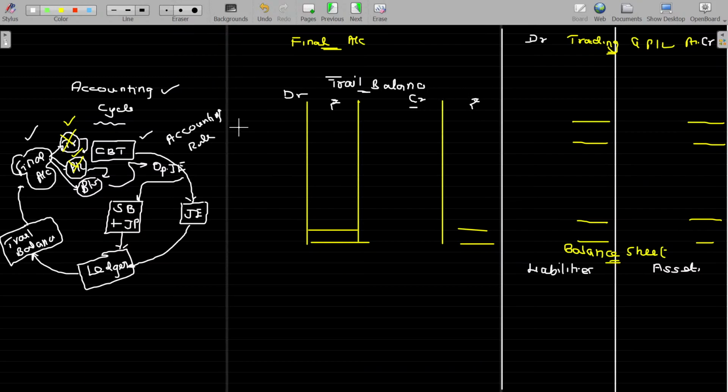In the debit side there will be expenses related to the trading account and expenses related to the profit and loss account, as well as income related to the trading account, income related to the profit and loss account.